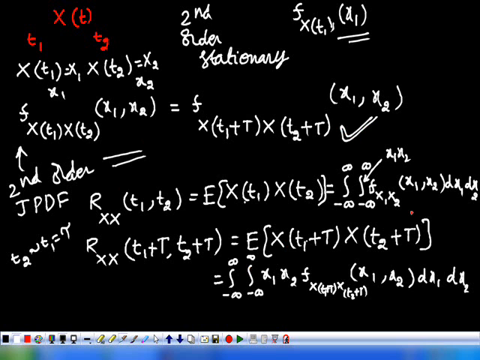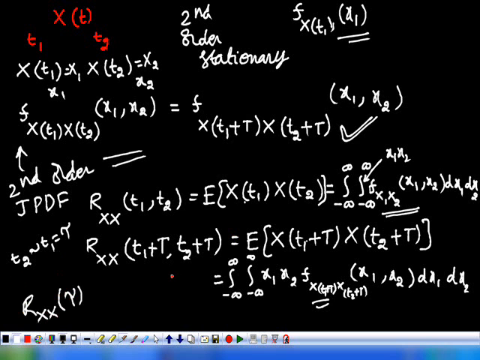Because this can be replaced with this, both are the same. Then the autocorrelation function is not varying with time, so it is not a function of time. So we can write it as Rxx of tau, where tau is the time difference or time lag between T1 and T2.